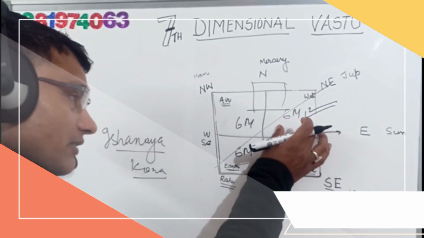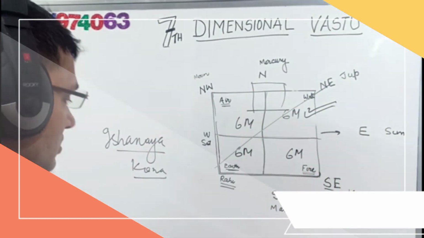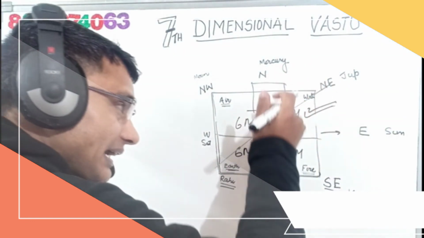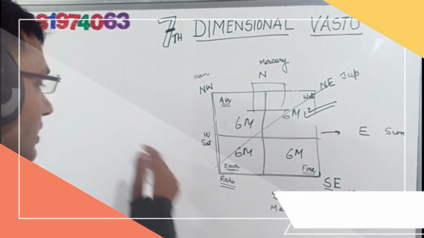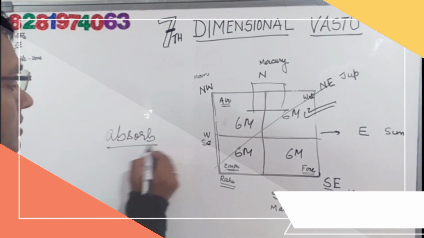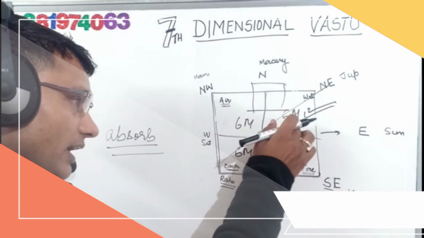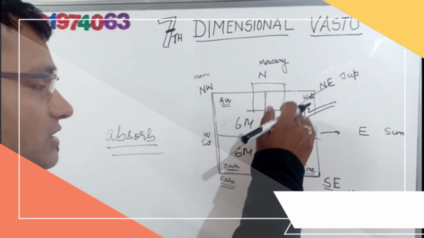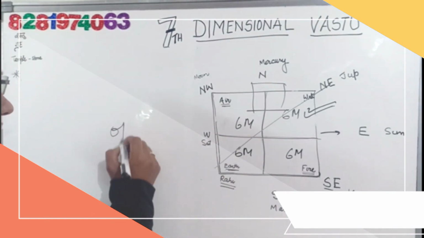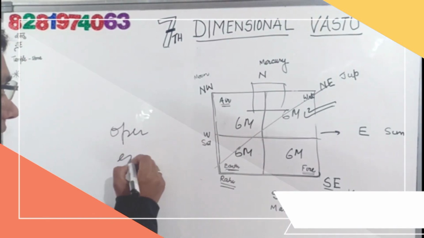It will be good in one way, there is no doubt. At the same time, this energy will accumulate, will absorb here only. That's why this corner is mostly kept open or empty.